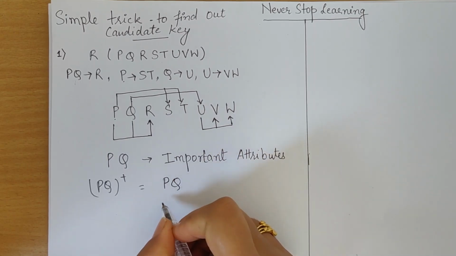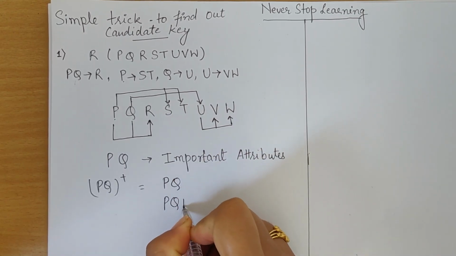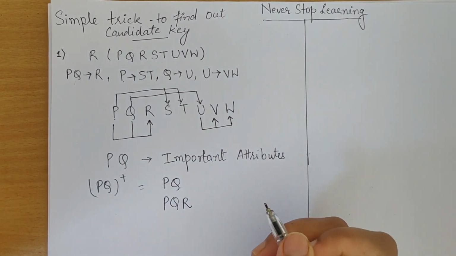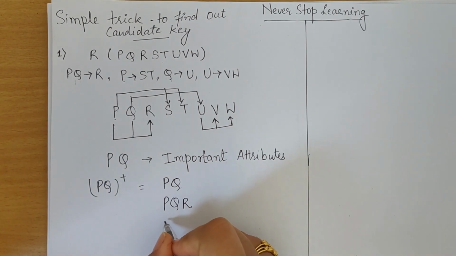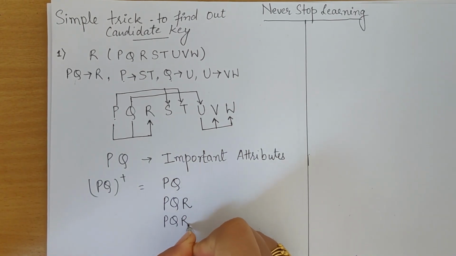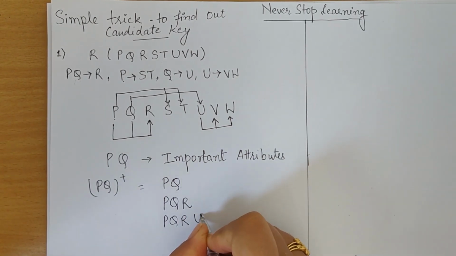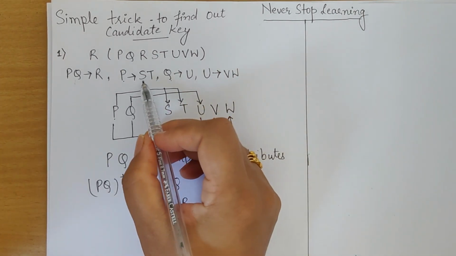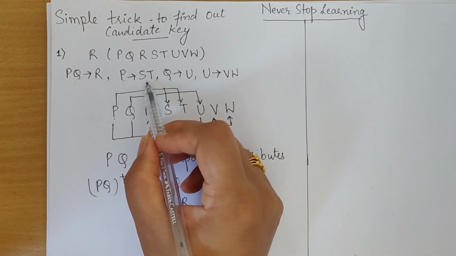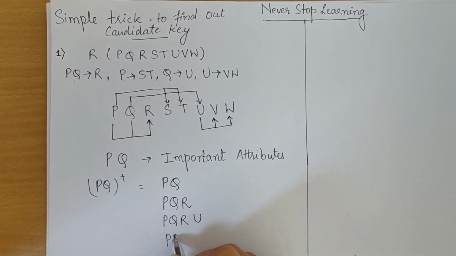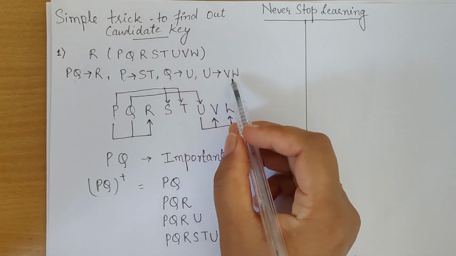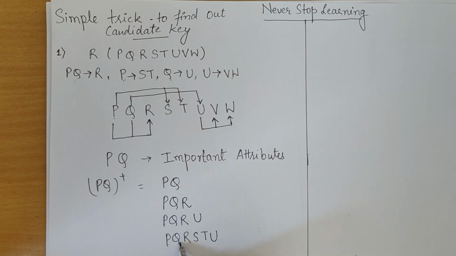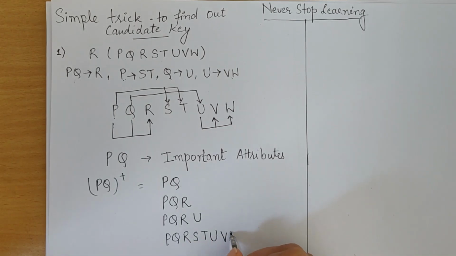So I will write PQR. Next, Q determines U. So I will write P, Q, R, U. Here, P alone determines ST also. So P, Q, R, S, T, U. Then U determines VW. So P, Q, R, S, T, U, V, W.